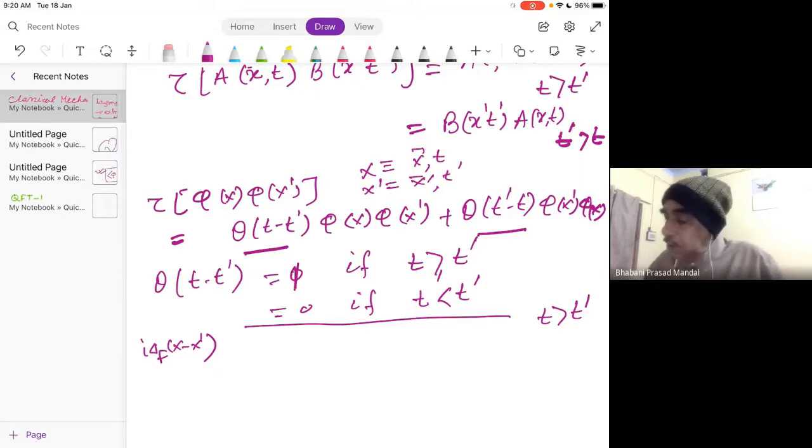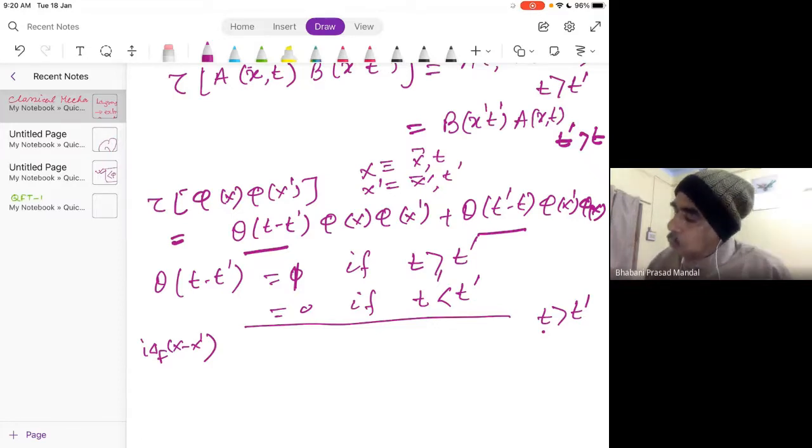Shivam Mishra, can you tell? I am assuming that my time t is greater than t'. Which will survive, according to the definition written here? First term, sir. The first term will survive. Very good. And when t' is greater than t, the other will survive.